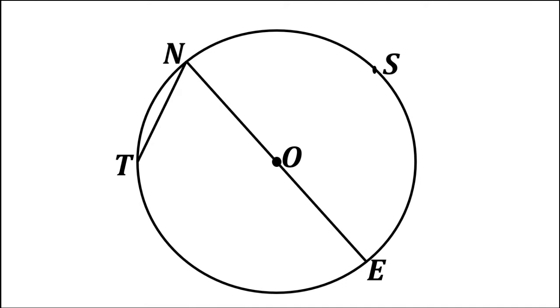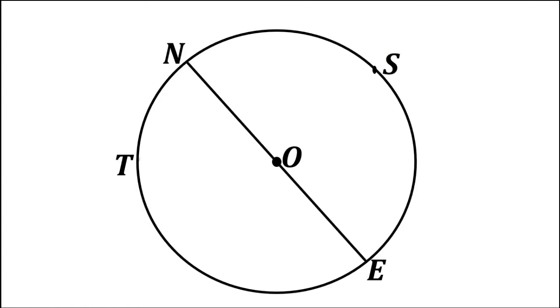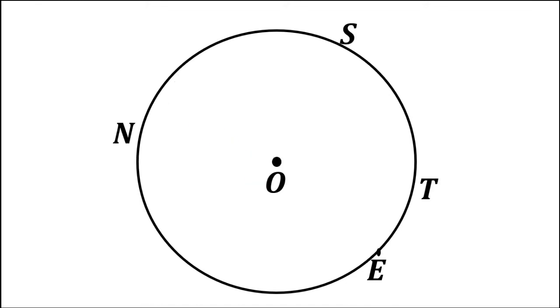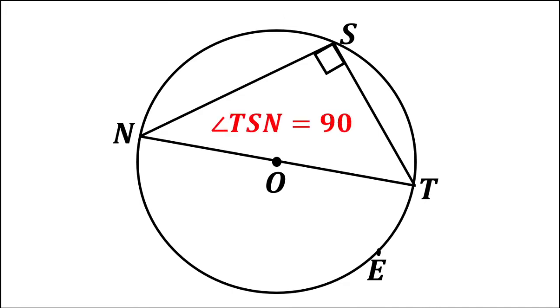Okay? Sabi niya, an inscribed angle of a circle intercepts a semicircle, then the angle is a right angle. Okay? So, ito ay right angle. Okay. Next. Isa pa. Tapos, mag-meet sila. Automatic angle S is a right angle.